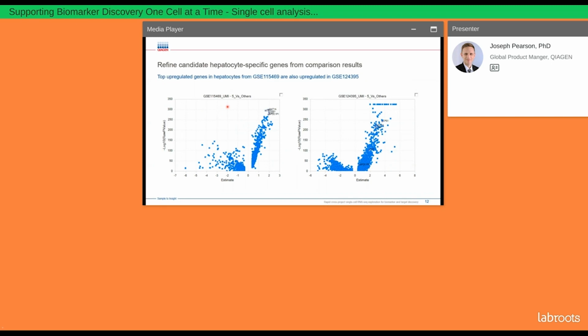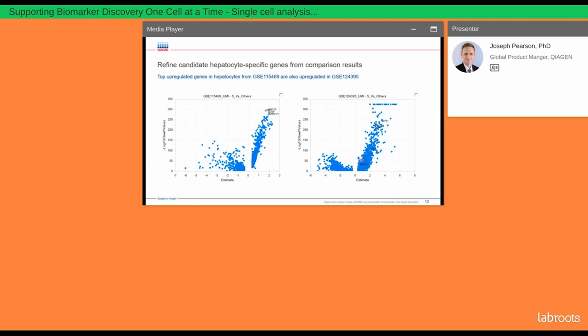We're looking at 2 of the 12 differential expression results from 2 different studies, and we can see by the interactive plotting that I've selected some of the top biomarkers here for one comparison, finding some candidates for hepatocyte-specific expression, including MAT1A, and we can see those same genes were automatically selected in the volcano plot results for another comparison. So these look like some pretty promising candidates for hepatocyte-specific expression. They're consistent among multiple data sets with hepatocytes.